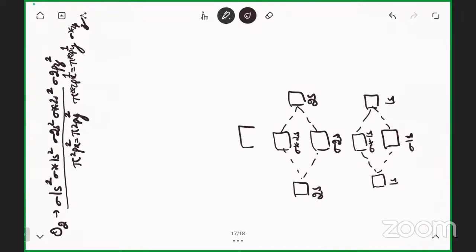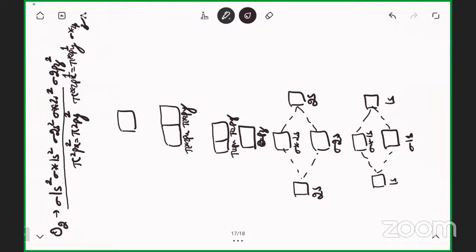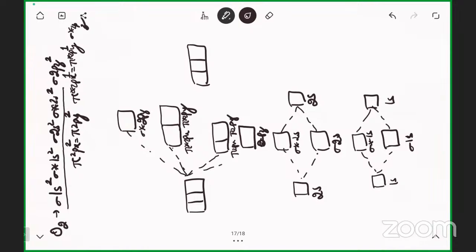Then now sigma 2pz will fill first, then followed by the pi 2px equals to pi 2py, then pi star 2px equals to pi star 2py, then sigma star 2pz. In the mid we have 3 orbitals. Just join all of them. This is the increasing order of energy.